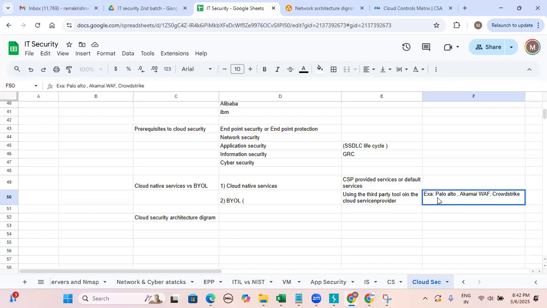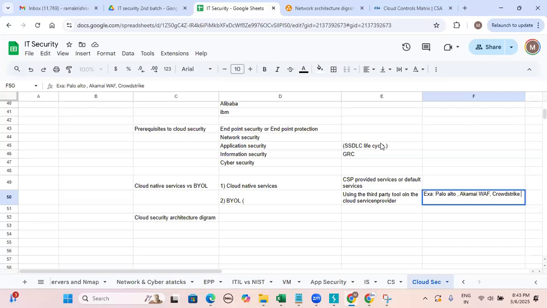So this is the way, based on the tool, the technical perspective, the features perspective, and the commercial validation, the solution designing team or security architects can do the evaluation and validation of which feature is more. Whether the bring your own license feature is more from the technical perspective, or the native service provided feature is more.